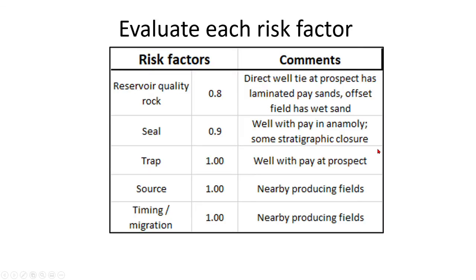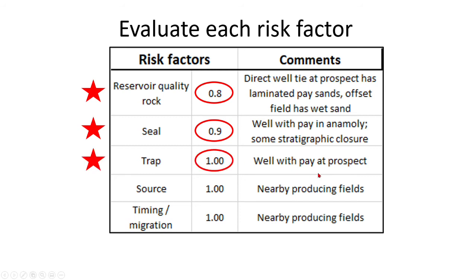All right, so on this project, here's our results of the team's risk factor. We have the reservoir rock quality that we estimate 80% chance of having good rock. And the seal, we have a 90% chance, and that's based on, here's the notes of how we based our estimate on.